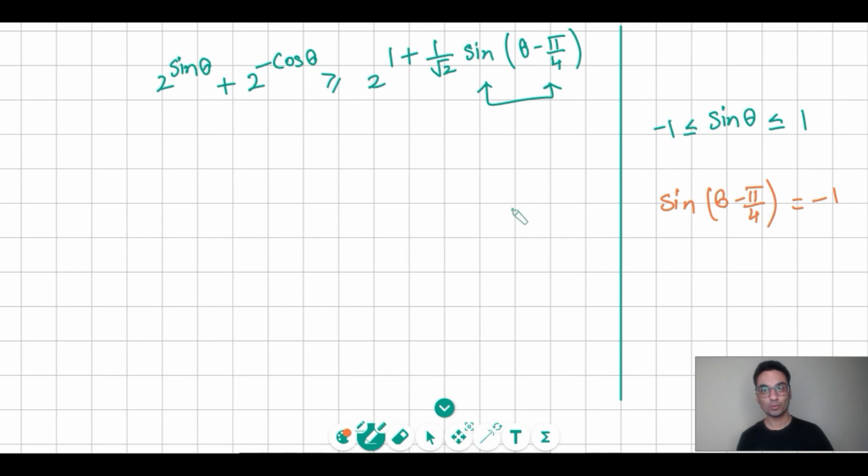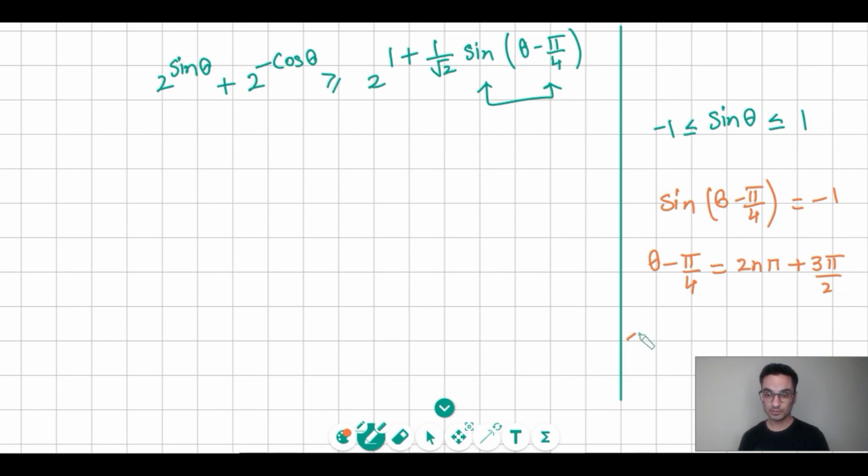And if I look for my quadrants, sine theta is negative 1 when the angle is 3 pi over 2, and at all the 2 pi periods it will repeat itself. That means I can write it as theta minus pi over 4 is equal to 2n pi plus 3 pi over 2, where n is any integer.